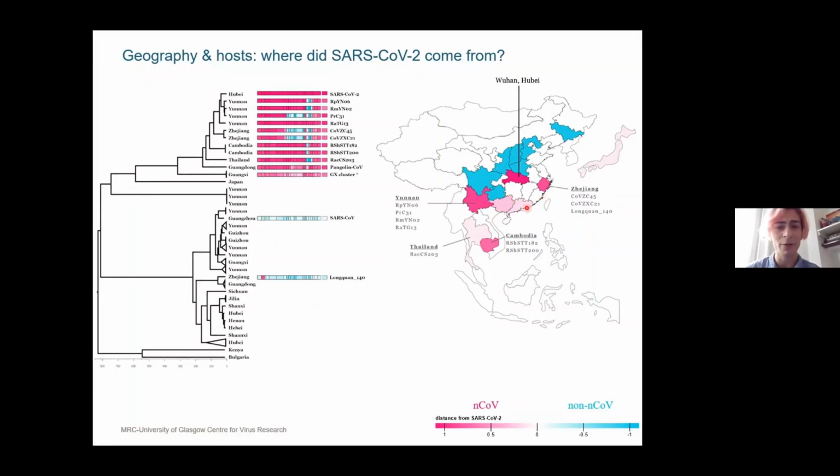is not trivial. The distance between Zhejiang and Thailand, for example, is about 2,500 kilometers. So we see that there's this ancestral movement across this massive geographic range in East Asia of these viruses. So there's no clear clustering of where these viruses have been sampled, but maybe there is some clustering with their hosts.